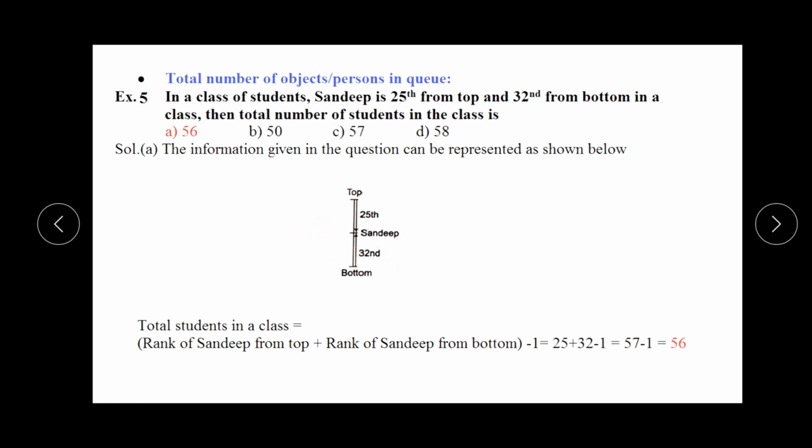Then what will we do? We will add 25 and 32, but subtract 1, the same formula we have discussed. 25 plus 32 minus 1 is equal to 57 minus 1, which is 56. There are 56 students in the class.